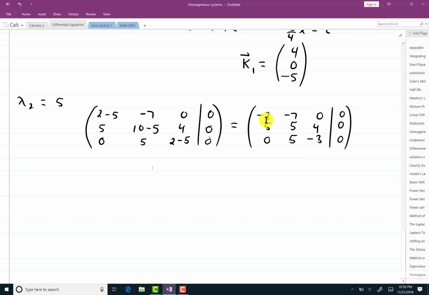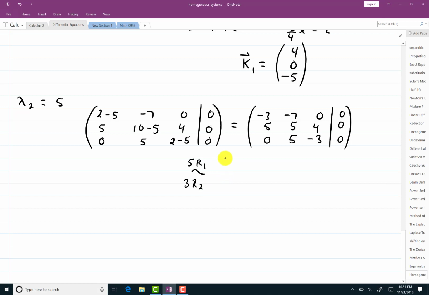What I'm going to do is what they call elementary row operations and try to clean this up a little bit, because right now, while I see that x and y are connected and so are y and z, this middle one, I'm not exactly sure what's going on there. Let me clean up a little bit here. What I'll do is multiply the first row by 5 and the second row by 3.